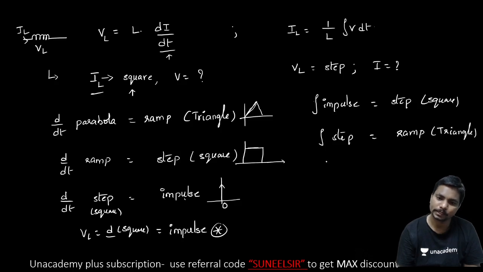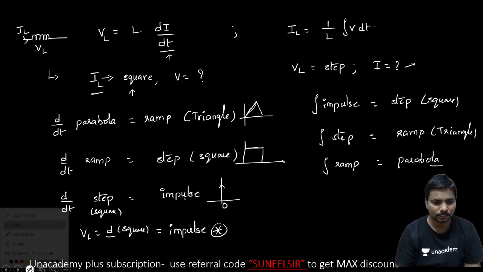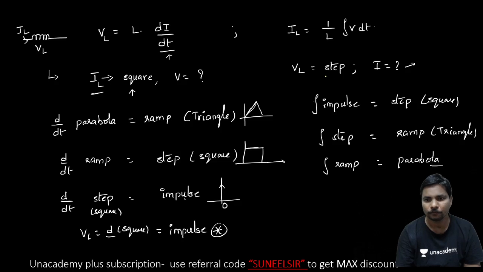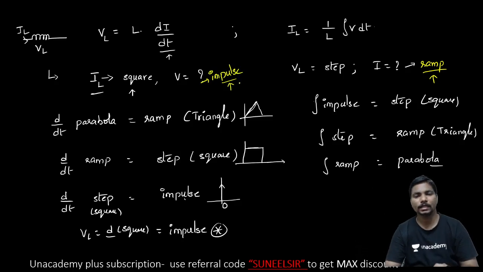If you integrate the ramp, you get a parabola. Then what is the answer here? If the voltage is a step and you integrate it, you get a ramp, so the current response is a ramp waveform. Like this we get the answers.